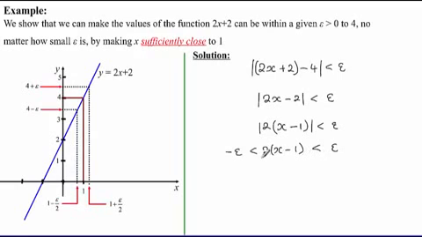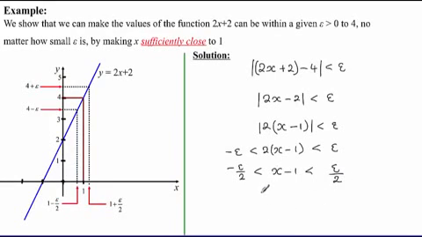Again, dividing both sides by 2 to have x minus 1 in the middle, which takes us to the distance from x to 1, we have minus epsilon divided by 2 less than x minus 1 less than epsilon divided by 2.